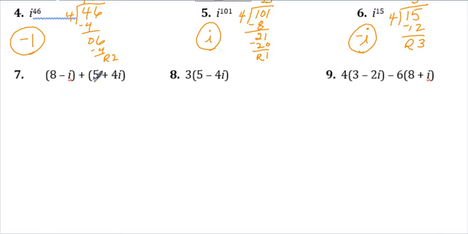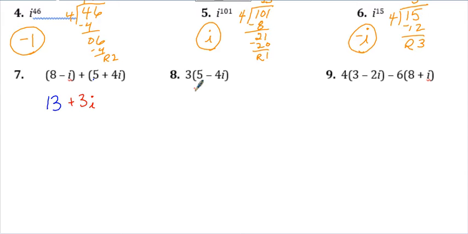The 8 and the 5 are alike, and so that's 13. And the negative i and the 4i are alike. Negative 1i and positive 4i means I have a total of positive 3i. So that's how we simplify those complex numbers. We gather together the like terms.